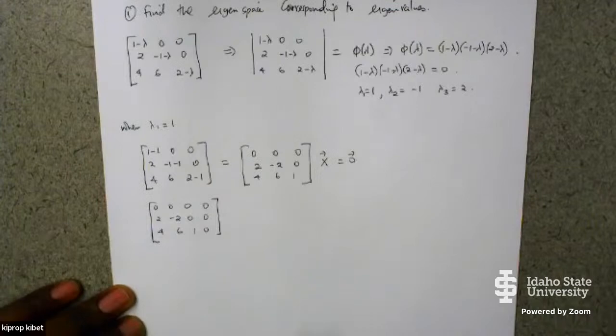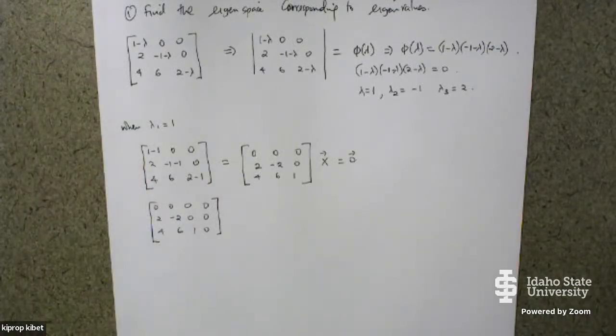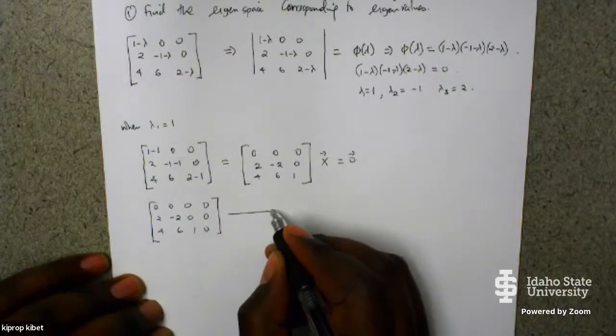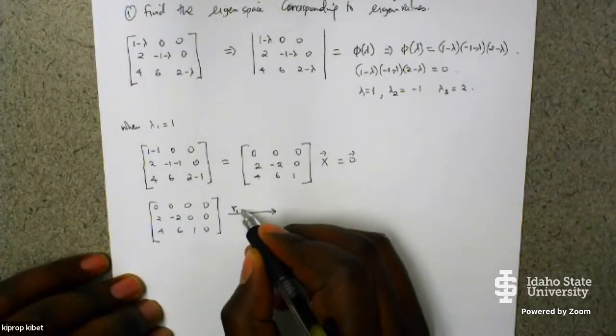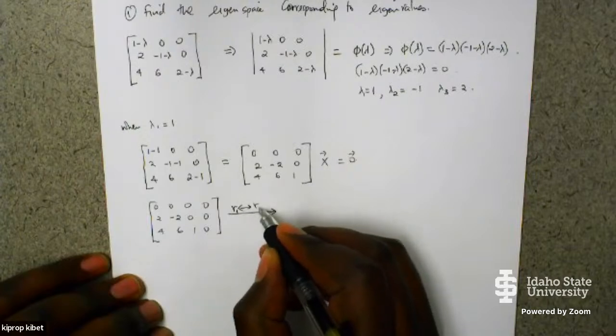So what we do here is switch the last row and the first row, switching R1 and R3.